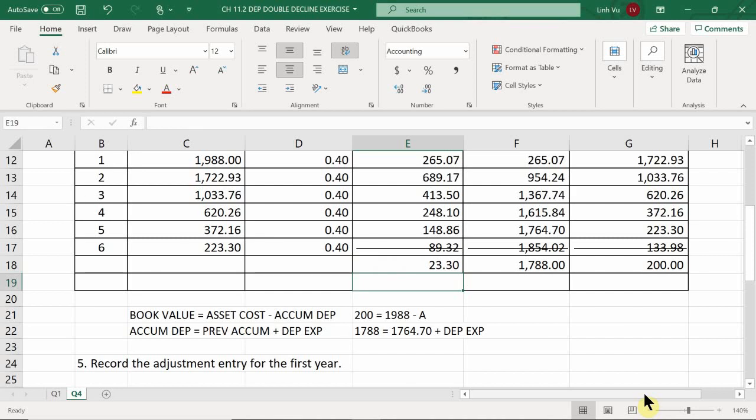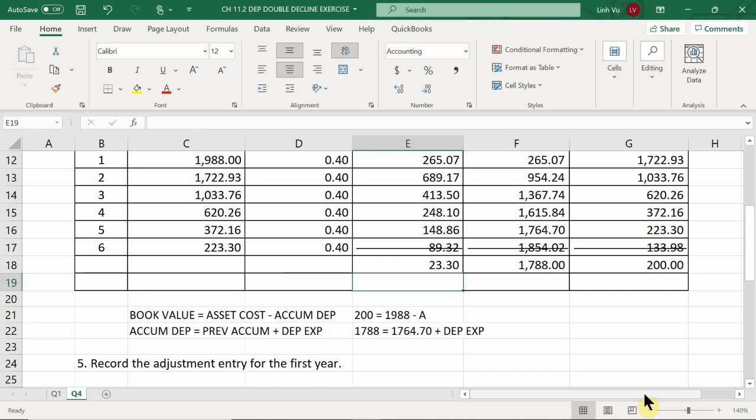If you notice, my book value right now is 223.30. My salvage value is 200. So if I just subtract the 200 from my book value, all I need to depreciate now is $23.30, and you can calculate it going forward.